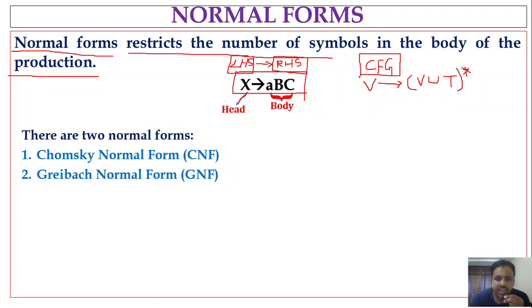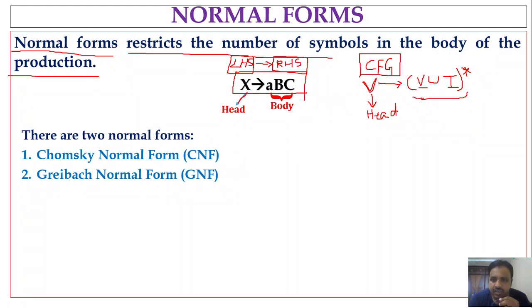If you observe the production here, capital V is nothing but the variable. So in the left hand side, we are going to have only one variable, and this left hand side variable we call the head of the production. And in the right hand side, you are going to have any combination of variables and terminals, that means (V union T) star.